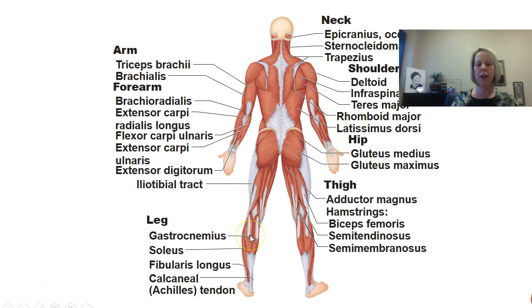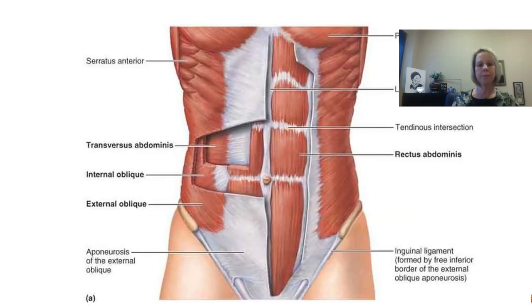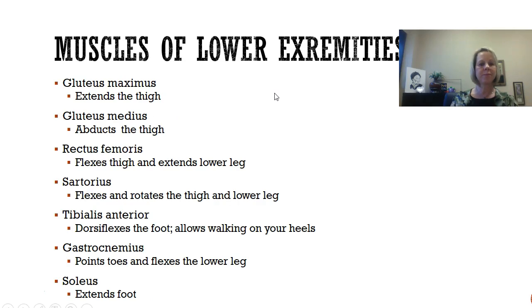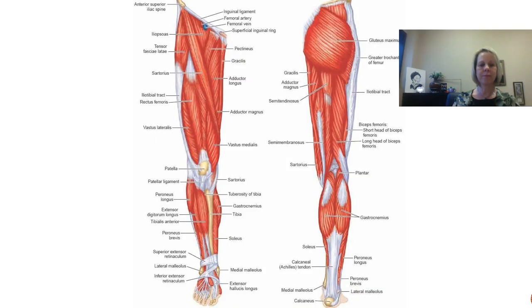And then in the front, we can see again the rectus abdominis muscle and the internal and external oblique muscles. And these muscles are abdominal muscles. Other muscles are the gluteus maximus, and the hamstrings. The one you really want to know here is the biceps femoris. This is different from the biceps.